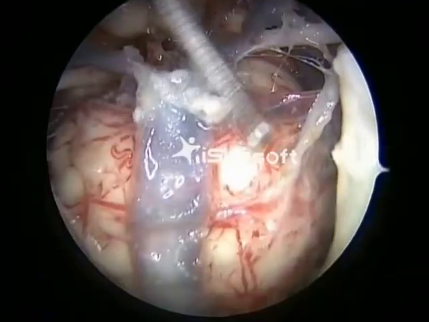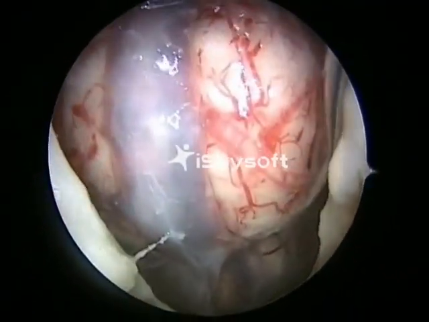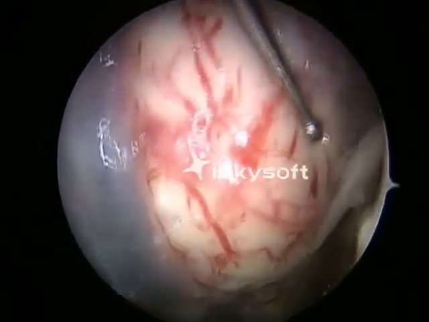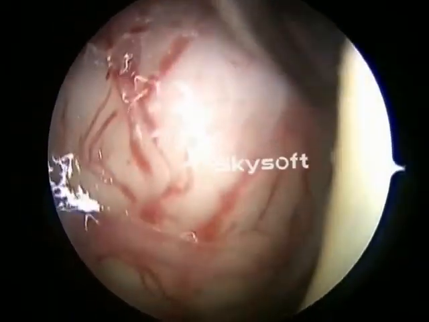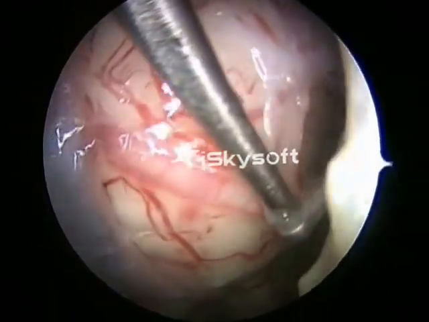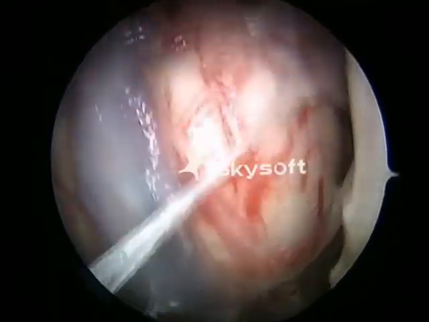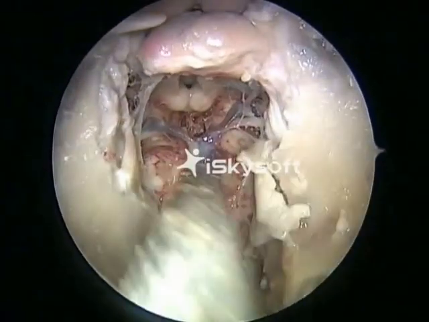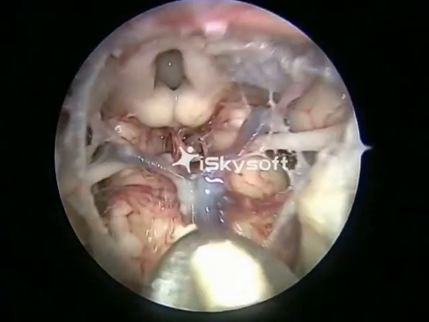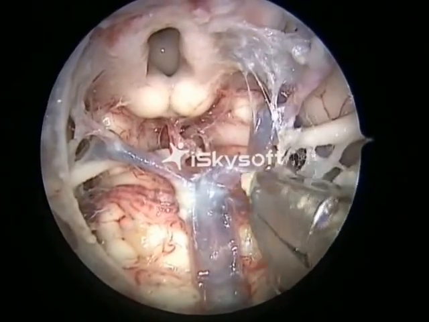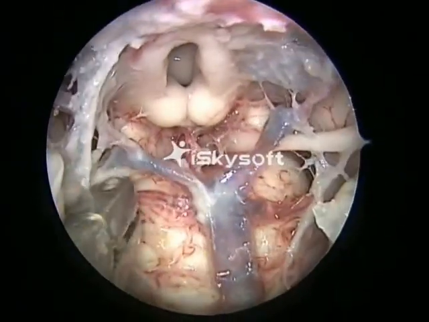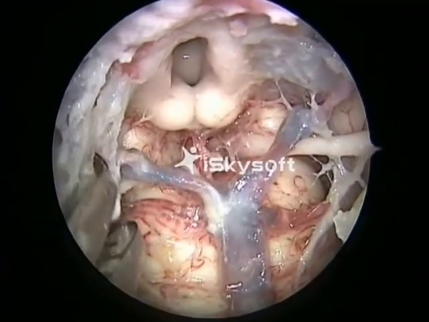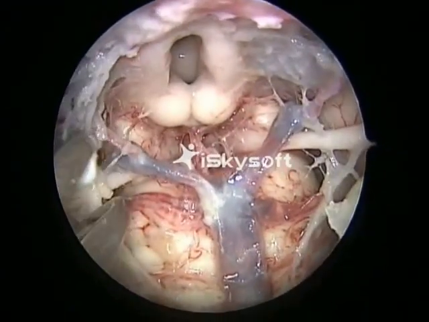A clear view of the pons. You can have a glimpse of the sixth nerve there. That's very near the PCOM.